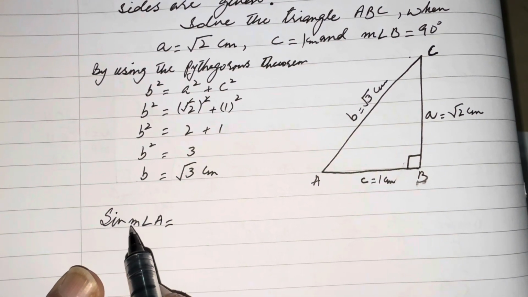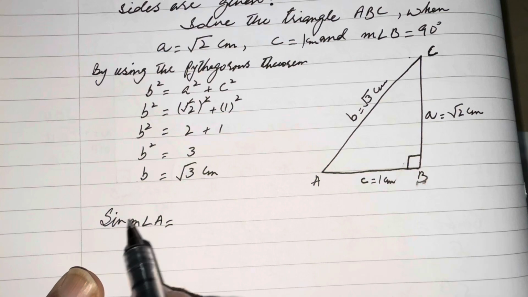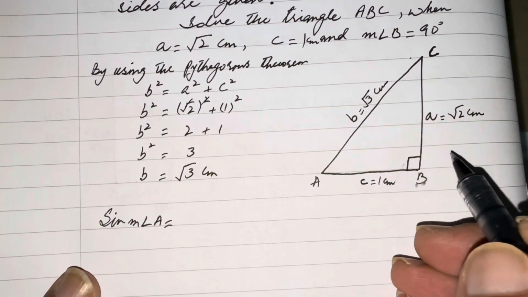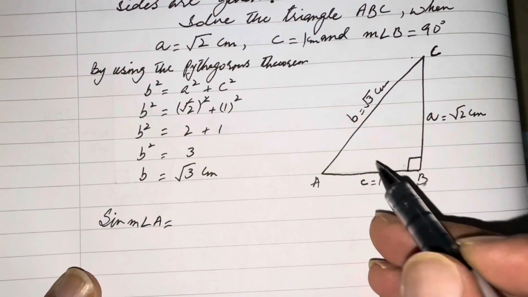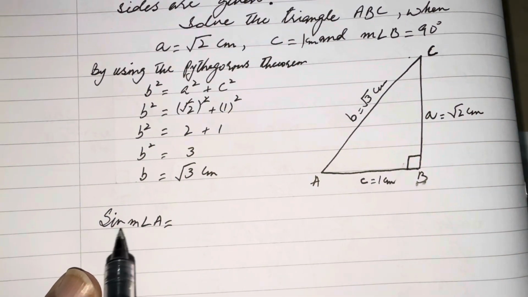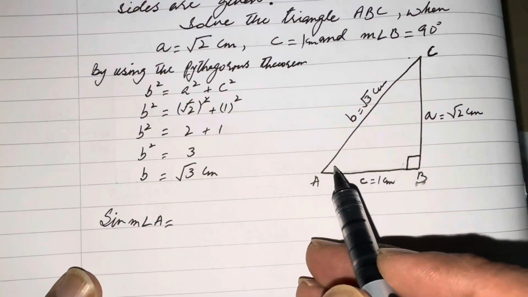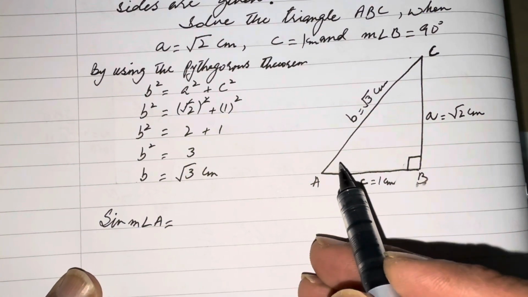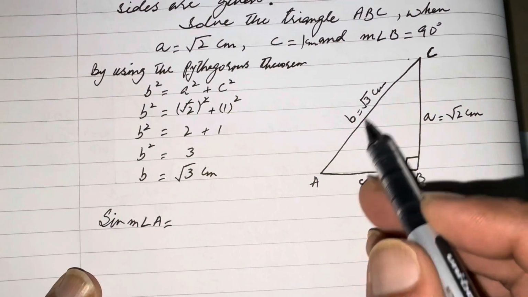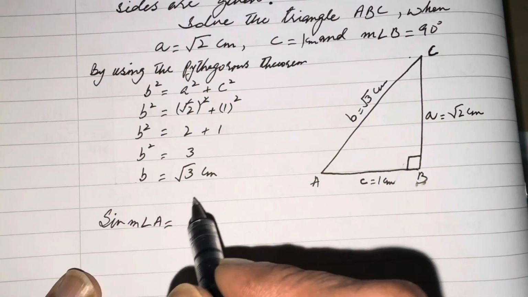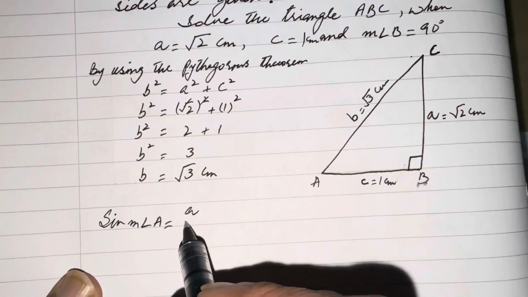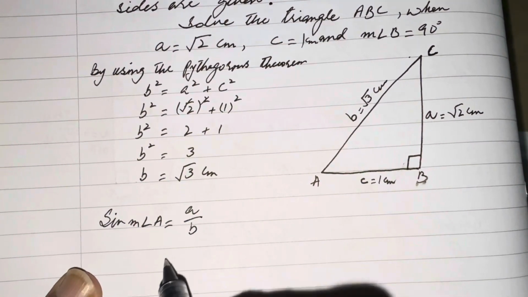Sine is opposite side over hypotenuse. For sine of angle A, the opposite side is a and the hypotenuse is b. So sine of angle A is equal to a divided by b.